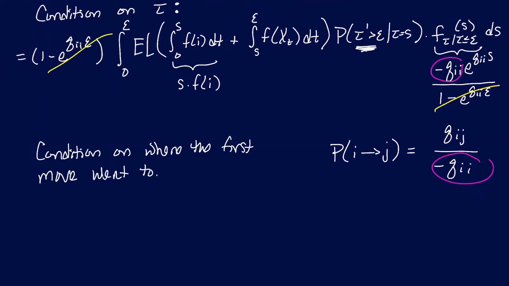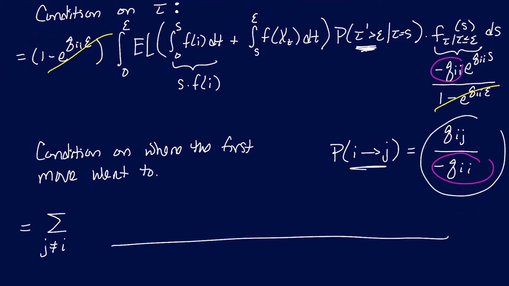I go to some j that's actually not equal to I, because in this continuous time process, it's not considered a move to stay at I. So I'm going to cancel these, and I'm going to start with a sum over all the j's not equal to I. And at the very end of this calculation, I am going to be multiplying by this probability. So at the very end of this line, I'm going to have this ratio, and I'm not going to write the denominator because it's going to cancel. So I get just qij left over here.